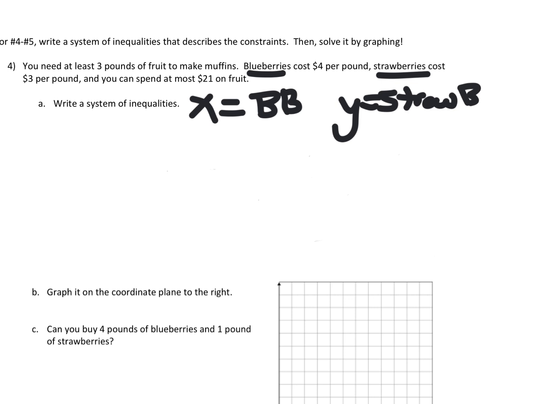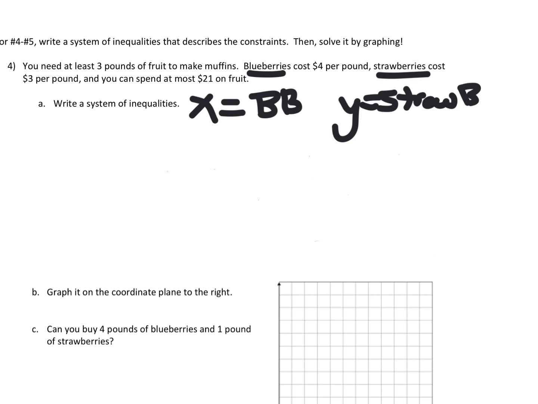Ruby Kirk, tell me what you think the first equation is. And I want to give you a hint. The 3 pounds of fruit to make muffins has to somewhere be included. Okay.